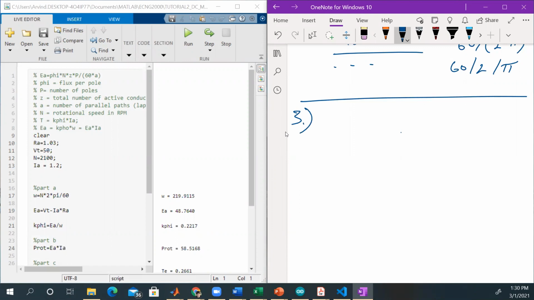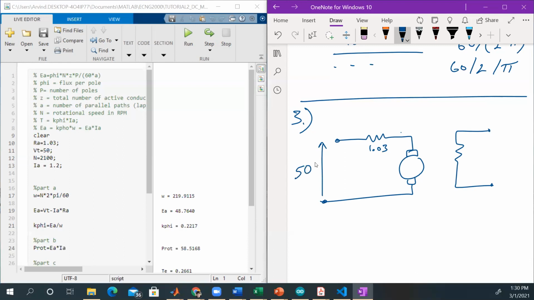So we have a separately excited motor this time, 1.03, operated at no load from a 50 volt supply. And it develops a speed of 2100 RPM and draws a supply current of 1.2 amps.